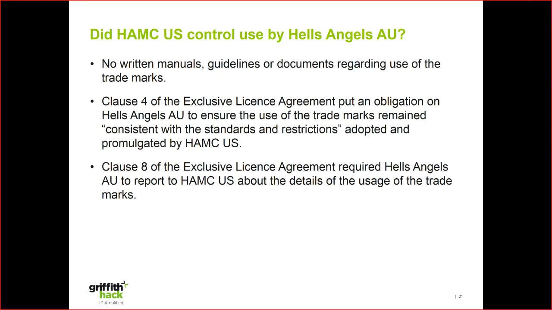Now, the evidence was that any restrictions and standards was oral. There were no sort of emails going back and forwards between these motorcycle enthusiasts. What they did was oral, but nevertheless, there was a license agreement.